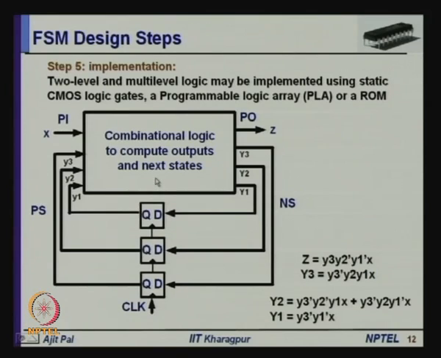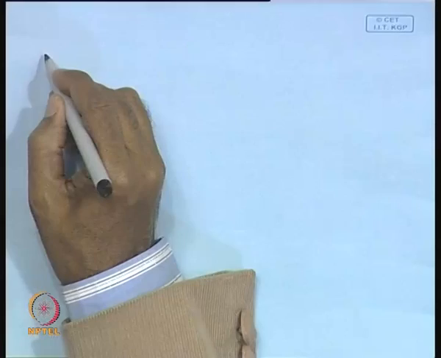There are several alternatives in this case. The combinational logic, as you know, can be realized in a number of ways. What are the different ways? Let me list them out.